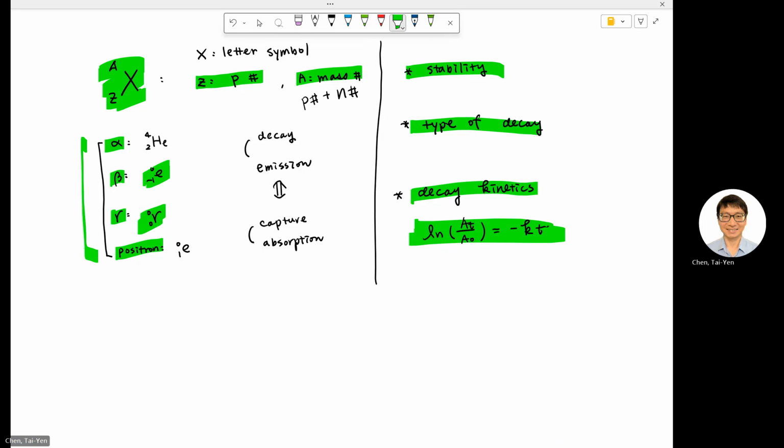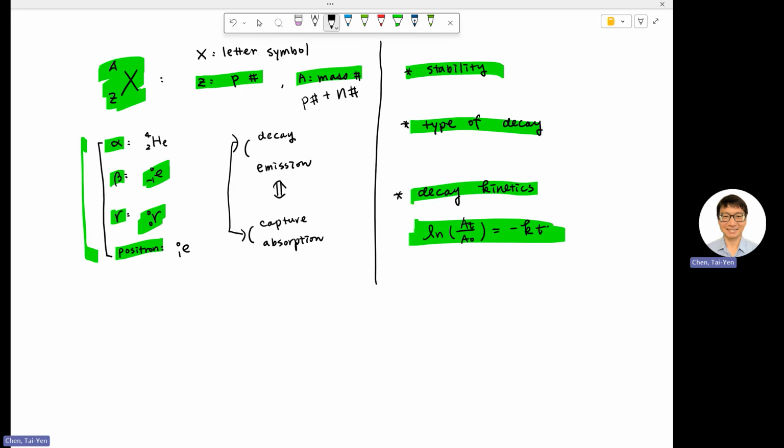Another thing that I found students always get confused is this. So I write these words: decay, emission, capture, absorption. These are the key words that you want to get familiar with.